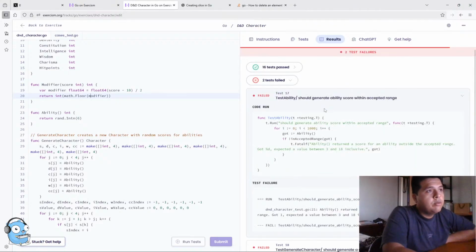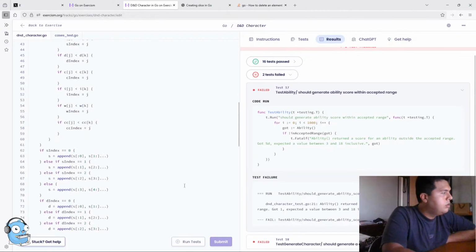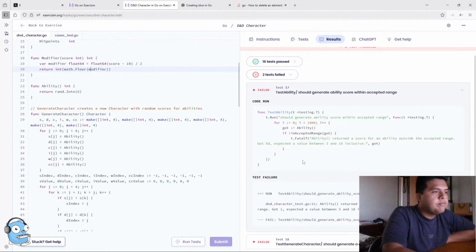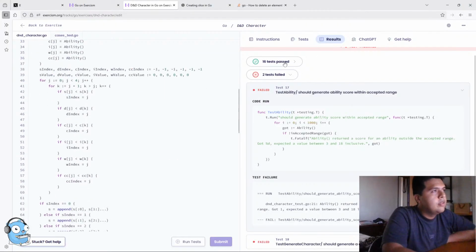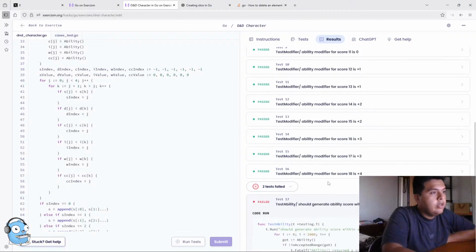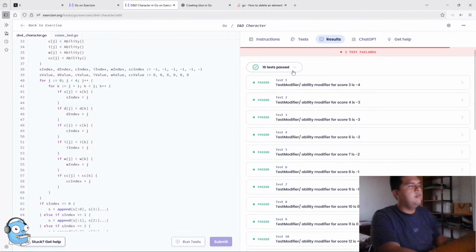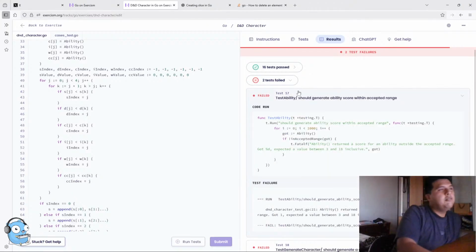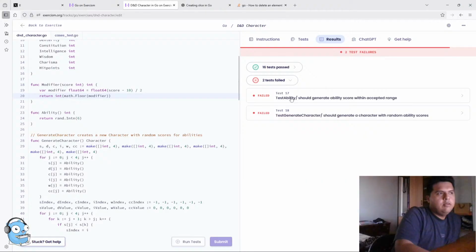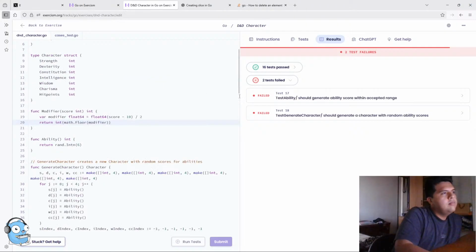Should generate ability score within acceptance range. Total score for ability type. Got one, expected a value between 3 and 18. Okay, all of the ability modifiers, test ability.